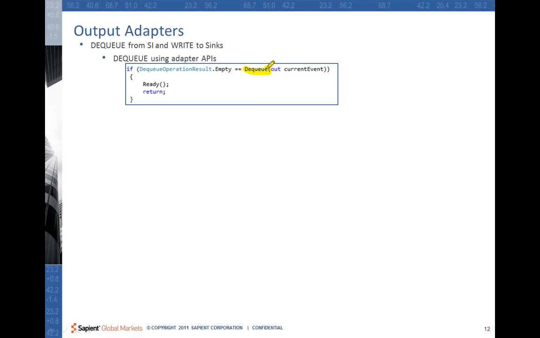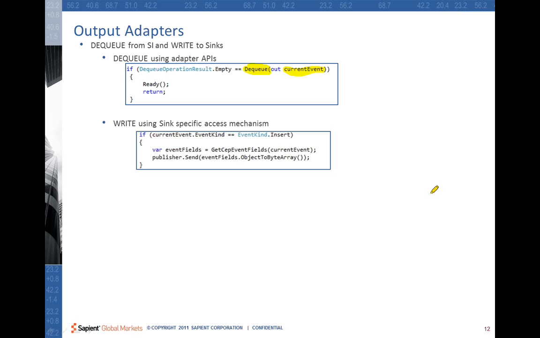This is where the dequeue happens, and this is where the event from StreamInsight will be placed, and then we convert that back to the format the event target would understand, and then we do a send right away. Again, the configuration to connect to this particular event target would be available through some mechanism, which I'll explain in the next slide.